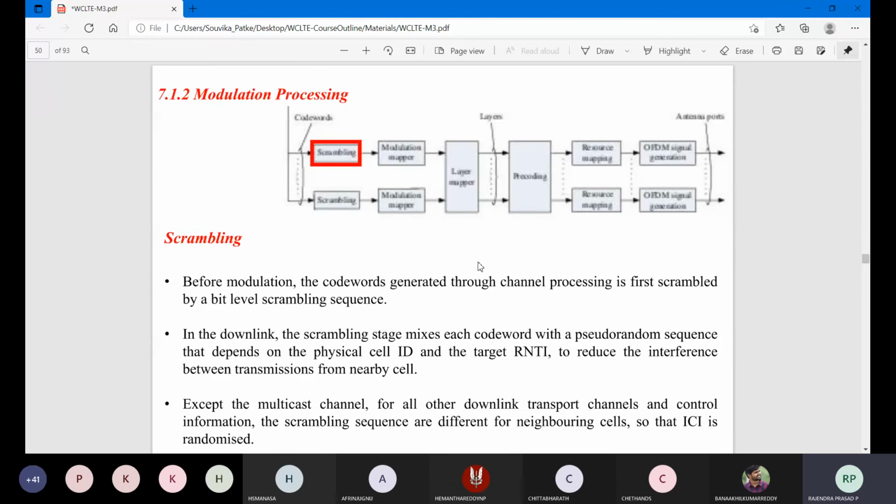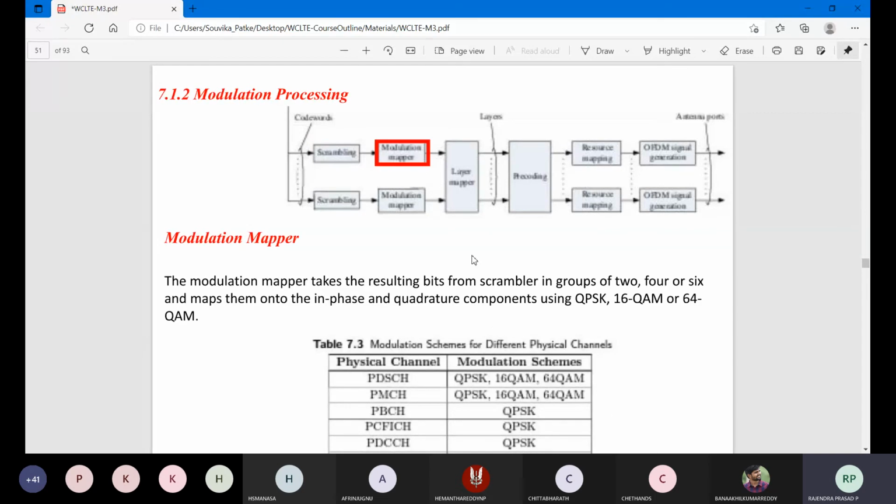We'll just come to our part, which is the modulation process. What scrambling does is that we replace the code word so that it can be easily decoded. The next part is the modulation mapper, which you are going to do. Here you can see the different methods: PSK, phase shift keying; QAM, quadrature amplitude modulation; and QPSK, quadrature phase shift keying.